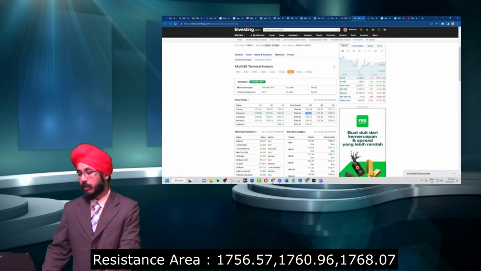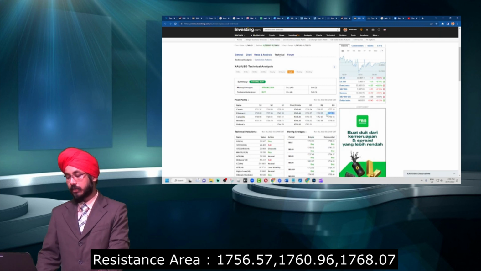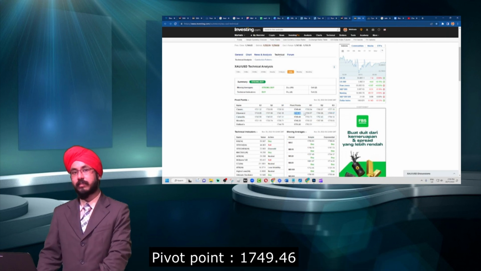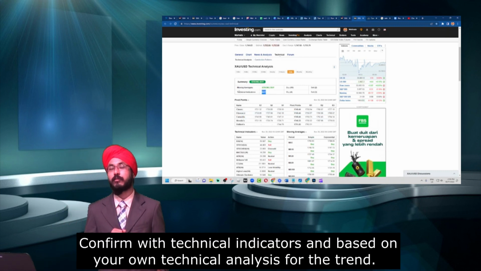Our resistance 1 is 1756.57, resistance 2 is 1760.96 and resistance 3 is 1768.08. Our pivot point is at 1749.46.